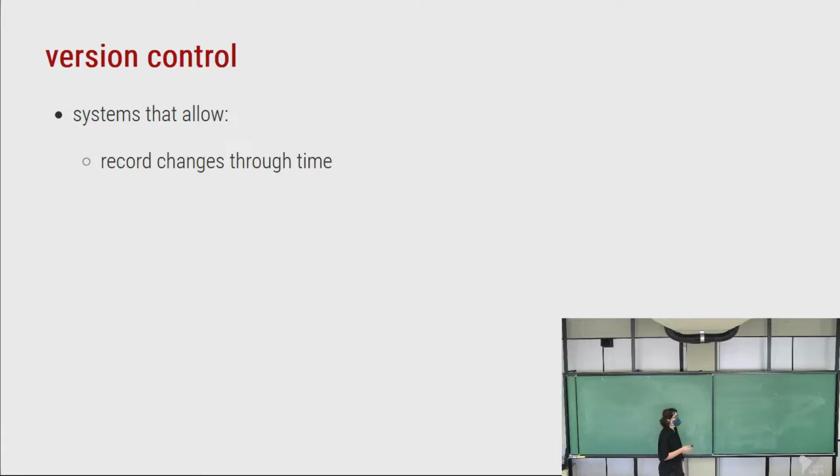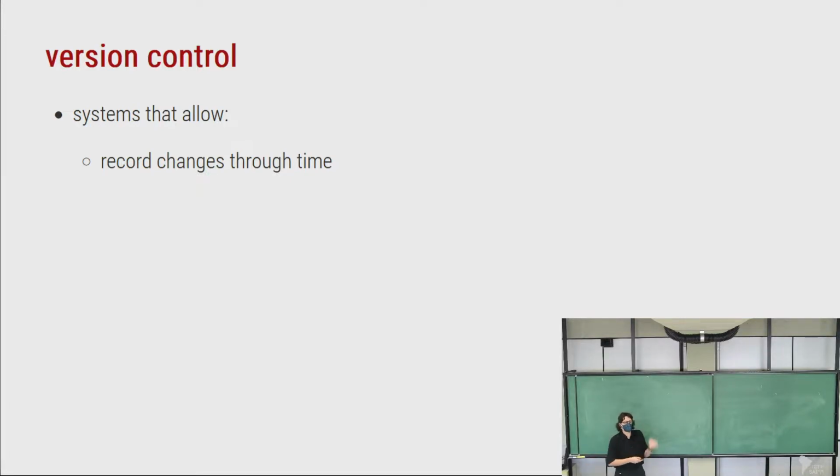Version control systems deal with this chaos, so we don't have to do that anymore. They record changes through time, because it's important to track the history of what we are doing, but we won't do that by creating multiple versions of the same file using different names.